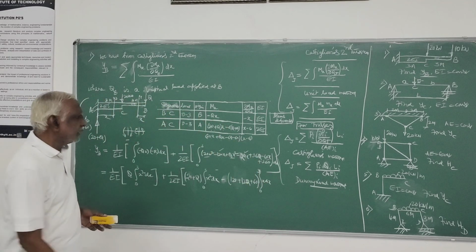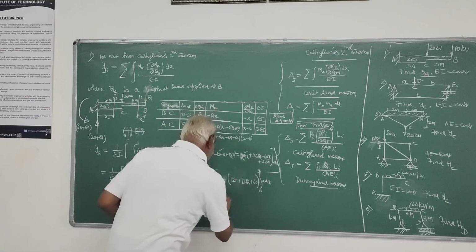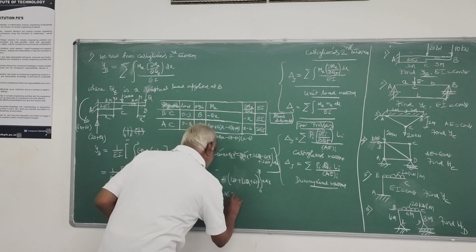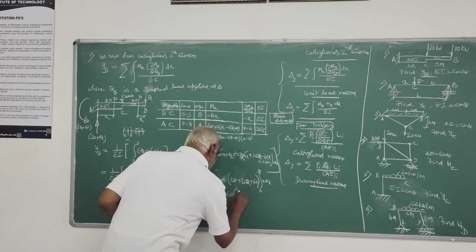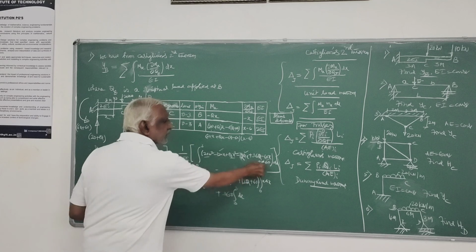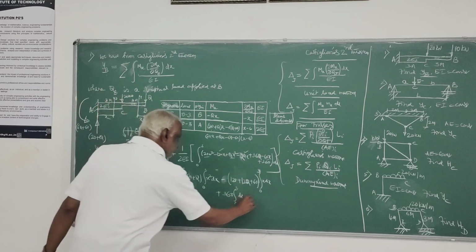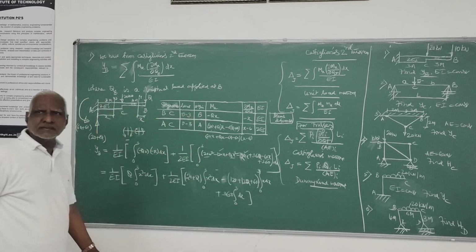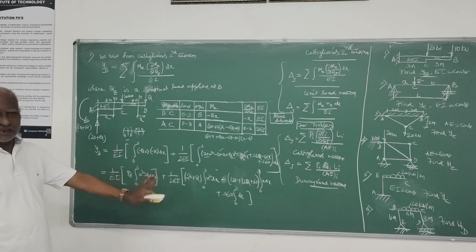All x terms I took. Then lastly plus 360 into integral dx, that is constant. That's all. So I have simplified, nothing other than that.